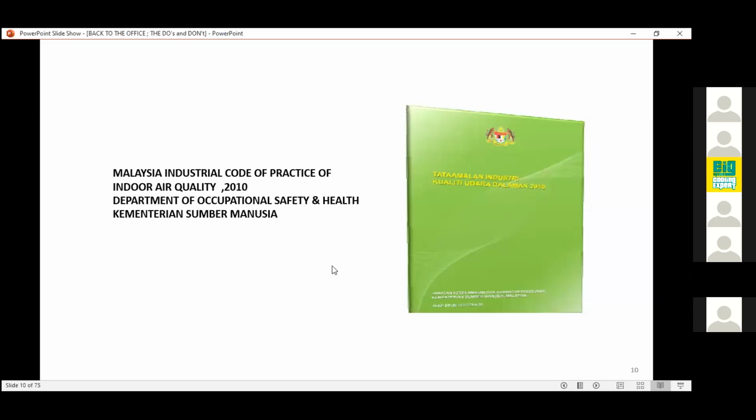Okay, Industrial Code of Practice actually dalam indoor air quality is gazetted 2010 and jabatan yang bertanggungjawab is JKKP by Kementerian Sumber Manusia. So this particular guidance on code tata amalan industri dipanggil dalam bahasa Melayu ataupun Industrial Code of Practice basically is lingered under the OSHA Act 1995.